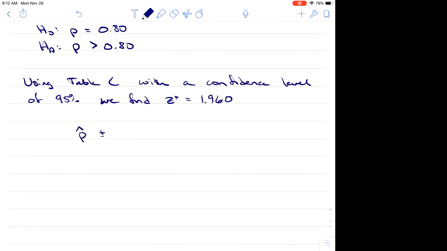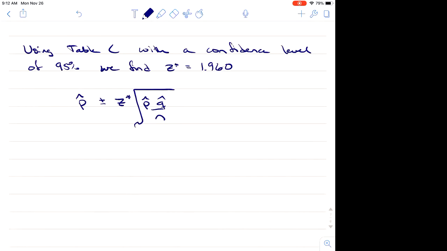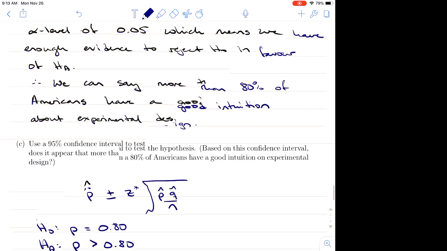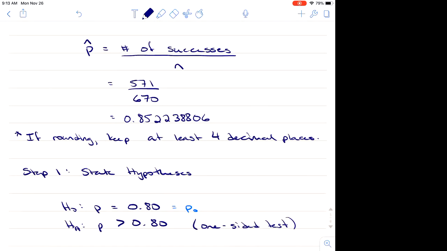let's do our confidence interval. So p hat plus or minus z star times the square root of p hat q hat over n. P hat, remember we've stored it, hopefully. Oh, I think I just overwrote it. What was it? 571 over 670. There.